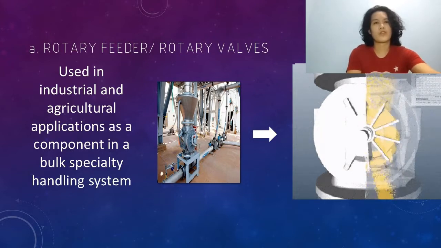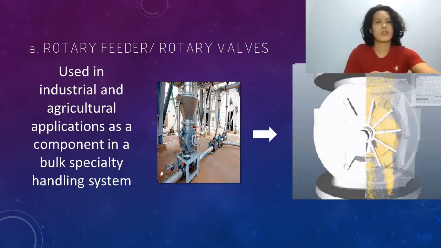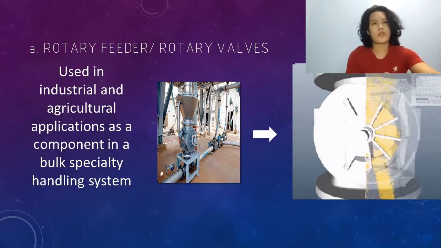Components of a rotary feeder include a rotor, shaft, housing, head plates, and packing seals and bearings. Rotors have large vanes, cast or welded, and are typically driven by small internal combustion engines or electric motors. The best way of thinking of how it works is imagining a revolving door in a building.